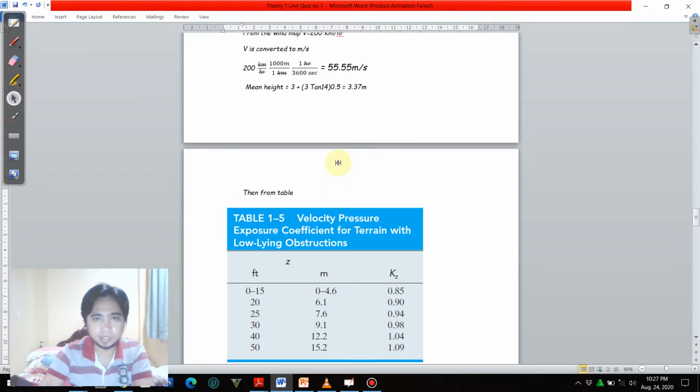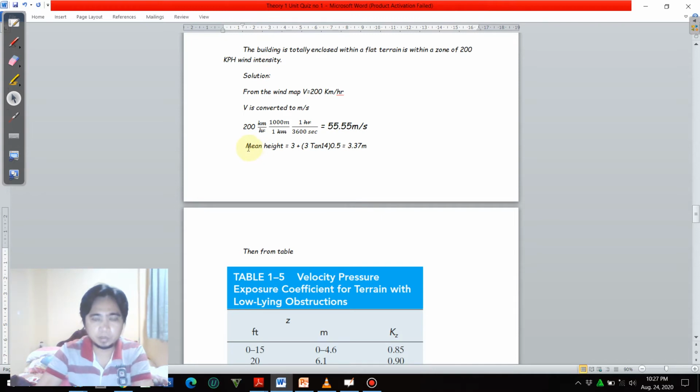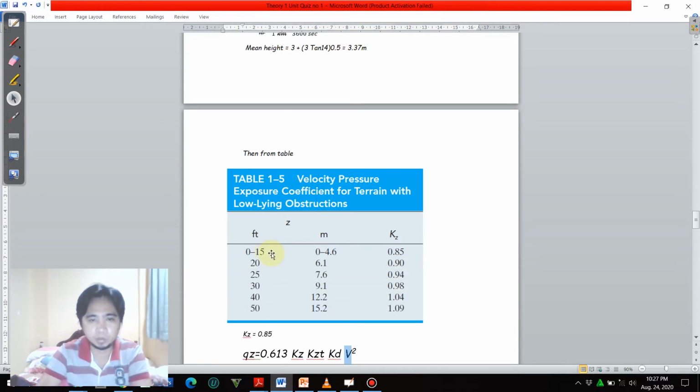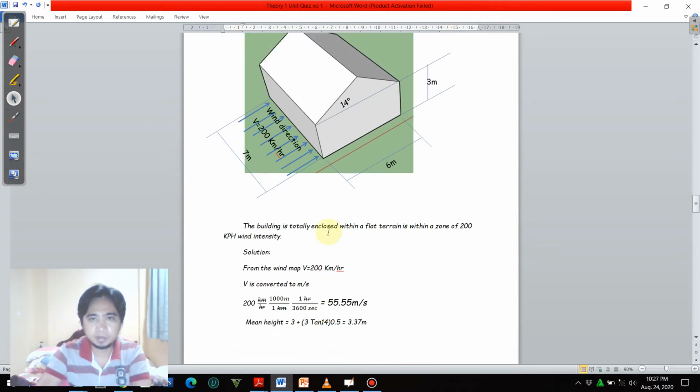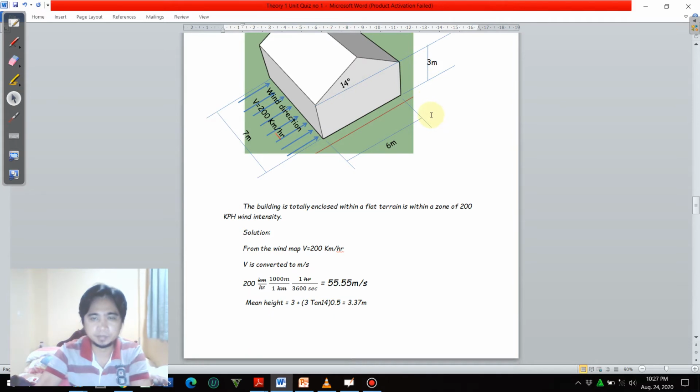Next, the other factors. We need to compute for the mean height, because in table 1-5 we need to determine the range of our mean height Z. So the mean height Z is the sum of 3 plus half of the roof-to-ridge distance.